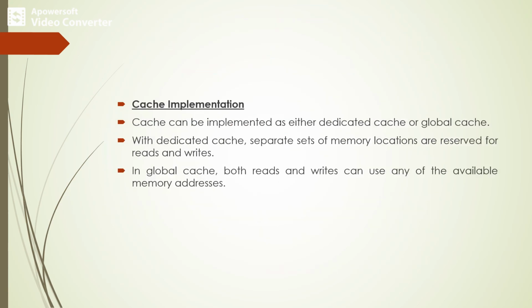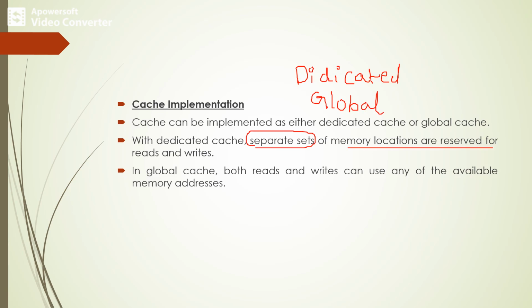So next we'll take cache implementations. So it can be implemented as dedicated cache or global cache. So in the case of dedicated cache, we have to maintain separate sets of memory locations in order to perform read as well as write operations.